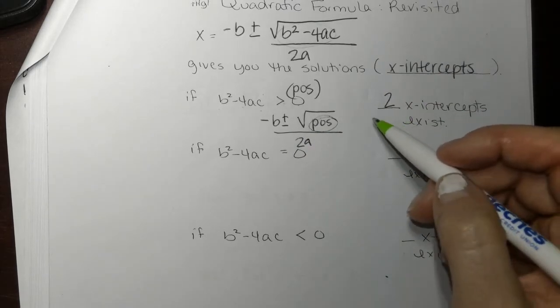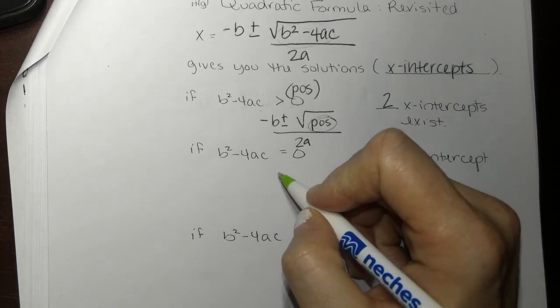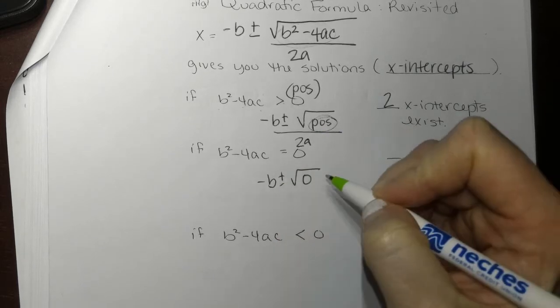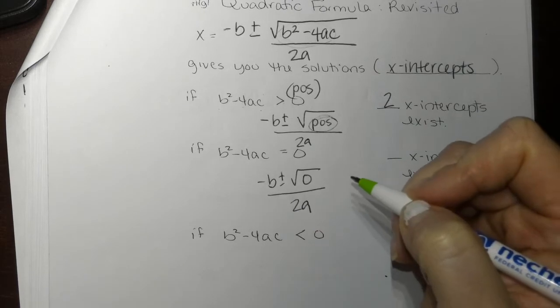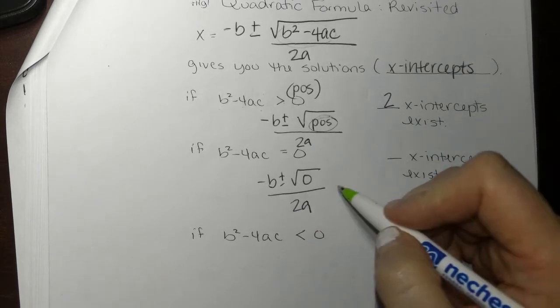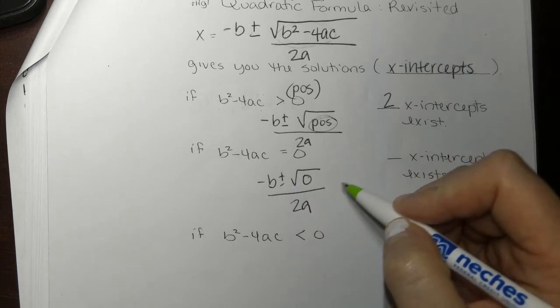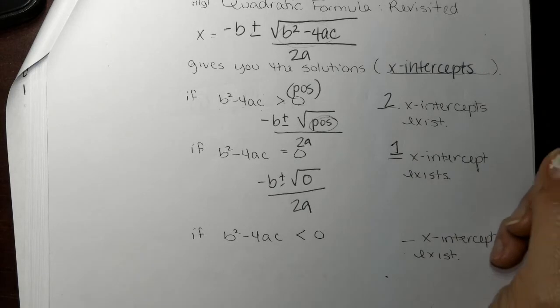Well, let's say it's 0, like it all zeroes out, and you get negative b plus or minus the square root of 0 all over 2a. That's really just going to be negative b over 2a. It's only going to be one x-intercept that exists.